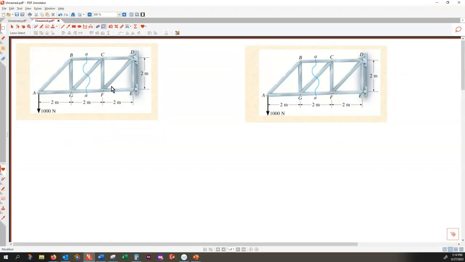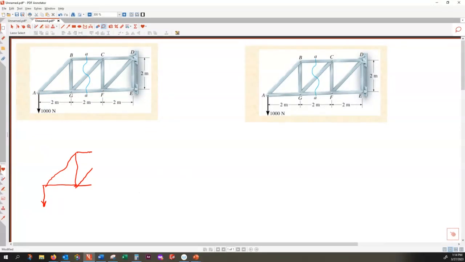So here I would take the left-hand side and bring that as my free body diagram.